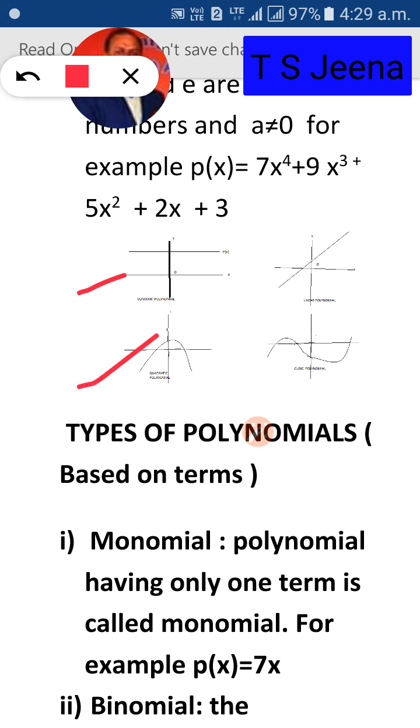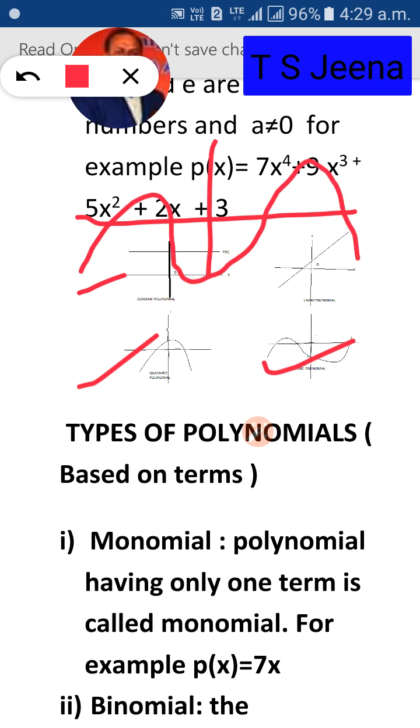There is only one bend. This is a cubic polynomial. In a similar manner, we can form the biquadratic polynomial also, and this is a biquadratic, a degree 4 polynomial. This way we can see the shape of the polynomial in the graph.